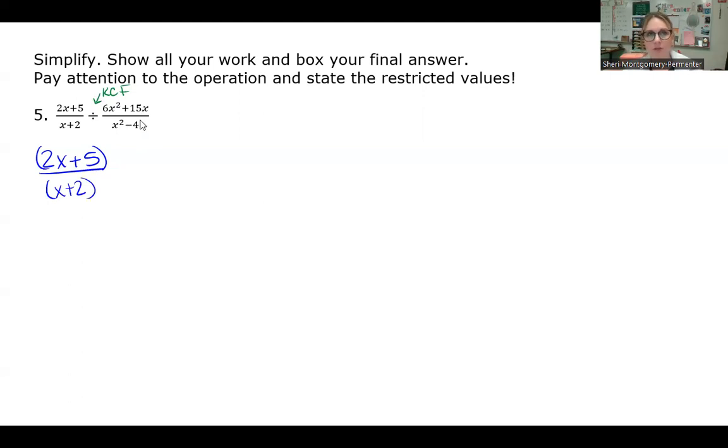The only thing I have to be careful about is that because it's division, both the top and the bottom end up being the denominator. So when I find my undefined values, I have to look in the denominators, but it's both in the second one because they'll both end up being a denominator. But I can go ahead and change the operation as I rewrite it.